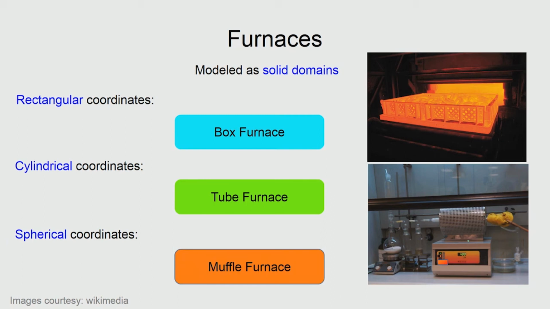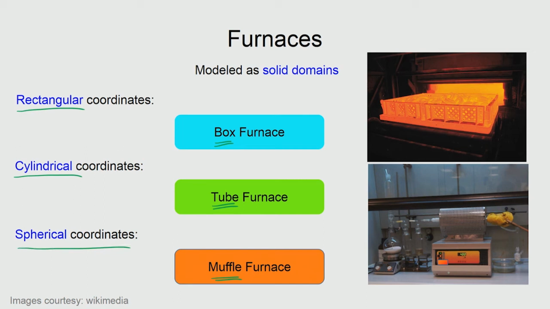So, we do have what are called box furnaces, tube furnaces and muffle furnaces or even pit furnaces. So, normally box furnaces can be modeled using rectangular coordinate system, tube furnaces can be modeled using cylindrical coordinate systems, muffle furnaces or pit furnaces where the sample is very small compared to the volume of the heating zone that is around it, then you can actually consider it as a spherical coordinate system.